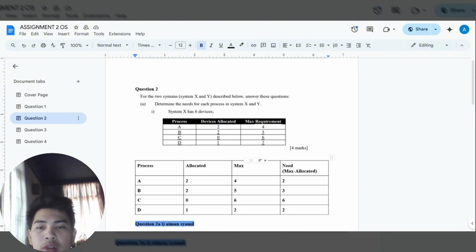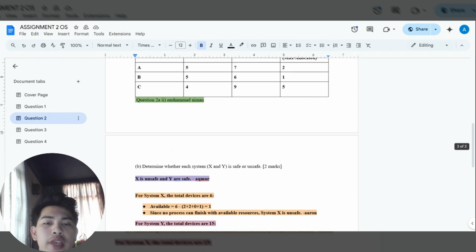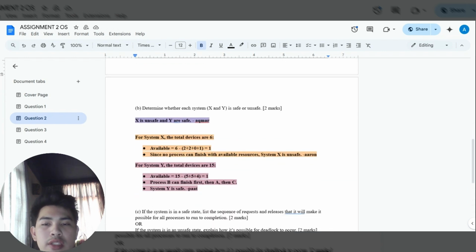For question 2, I'll be focusing on X. X has 6 devices, and then you have to subtract the resources allocated for each process. You total them all up, and then you subtract from the total number of devices. So in this example, for B, it's 6 minus 2 minus 2 minus 1, which leaves you with only 1. So there's only one resource left.